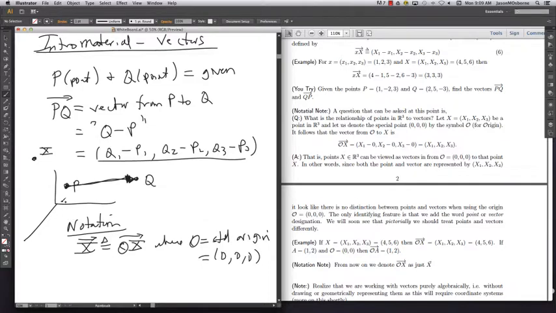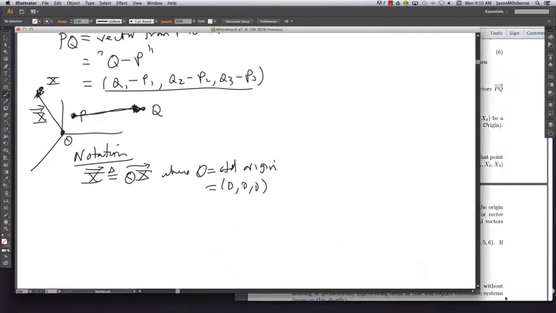Okay? So here is our standard origin, and the vector X is just this vector from the standard origin to the point X. So there is your vector X.